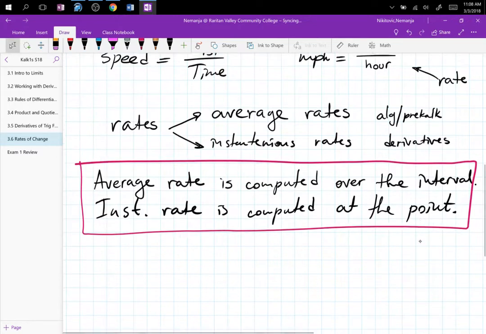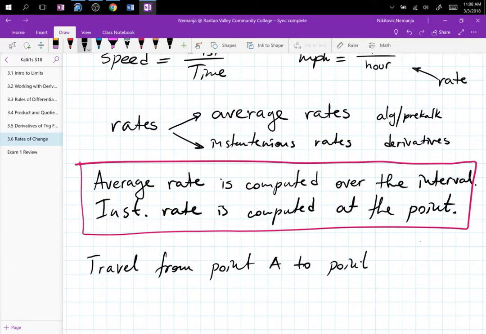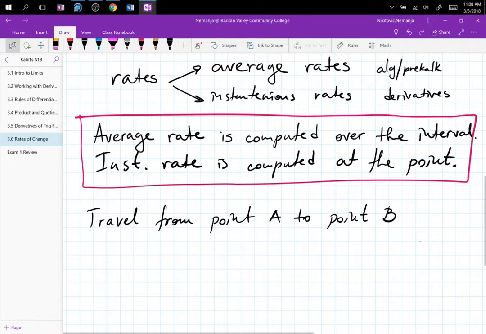So, travel from point A to point B. I need an example. Someone tell me, how far do you have to drive from house to RV? How far? How far, not how long. How far?